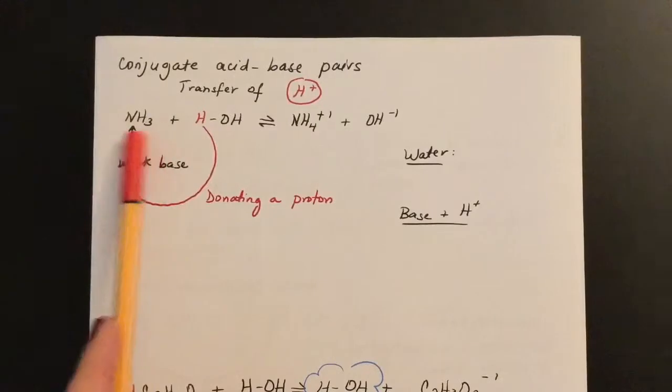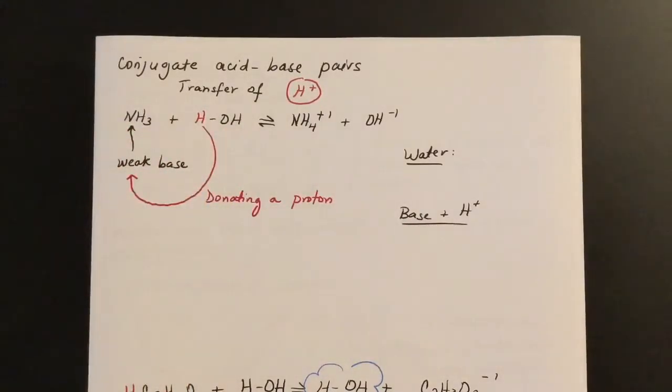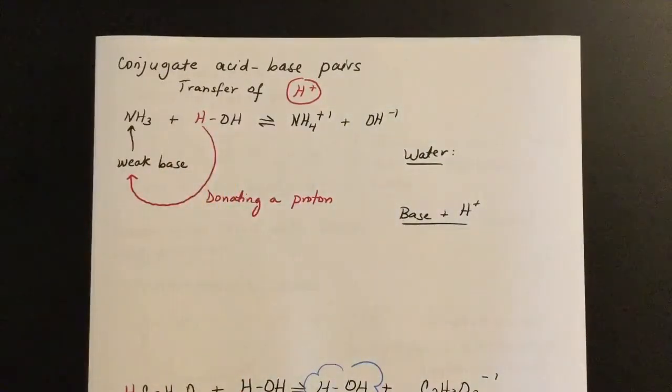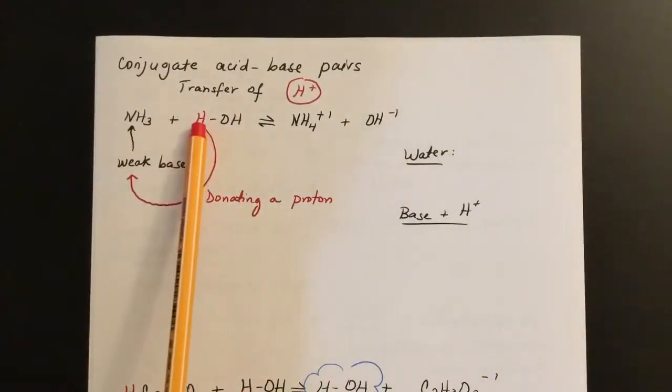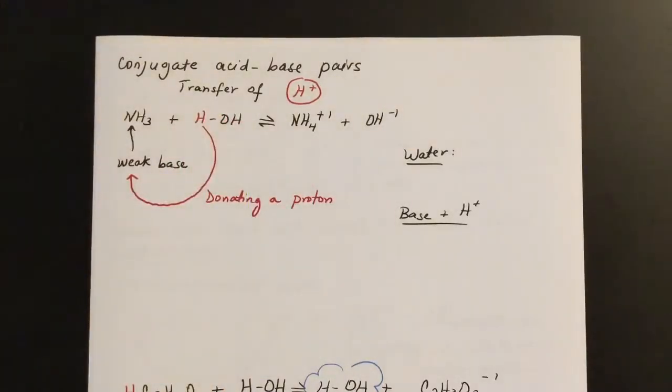So I have here my NH3 molecule and water molecule, it's a H2O. I'm representing that one in a different way because it's easier for us to see the proton and what's happening with the proton. Okay? So I have here my water molecule. I'm representing the water molecule as the positive part right there, bonded to the negative part, which is the hydroxide ion.